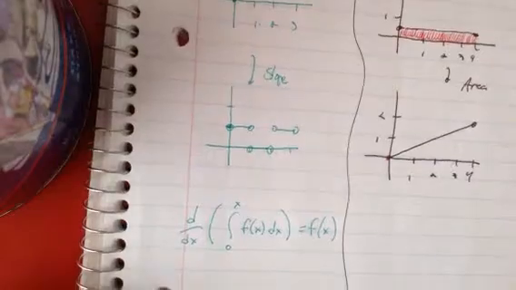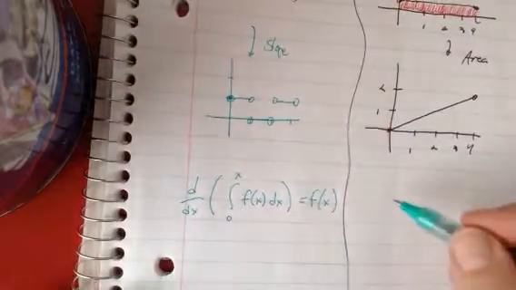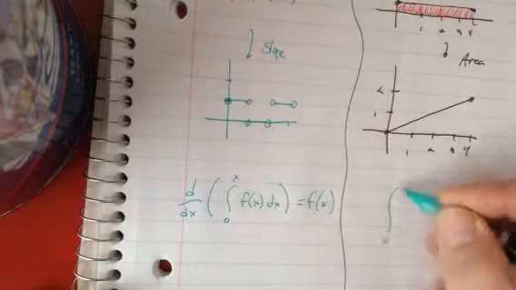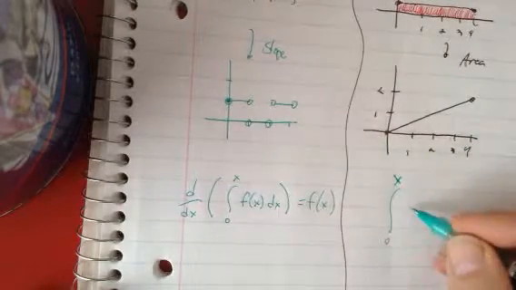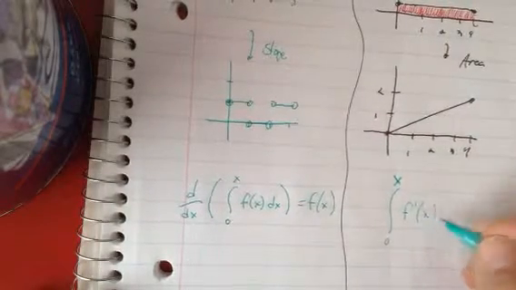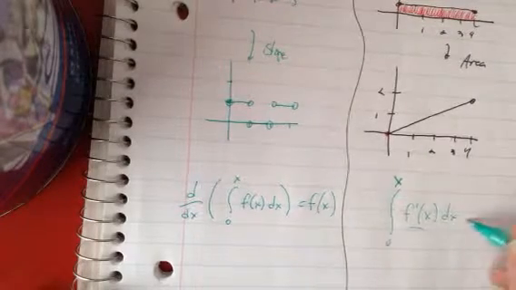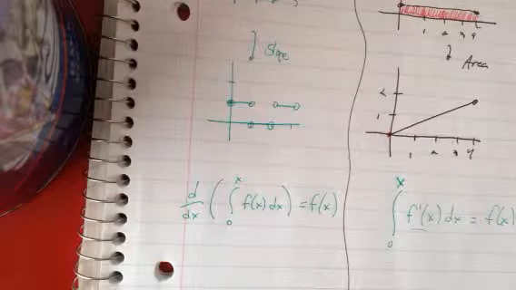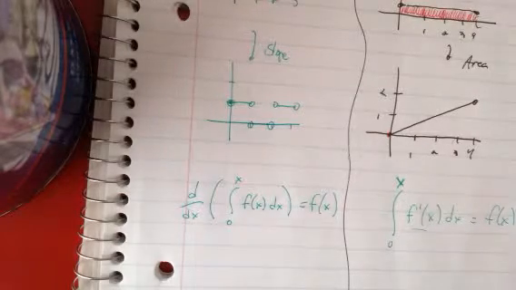Looks pretty cool when you write it out that way, huh? And similarly, the area from 0 to x of the slope, the derivative, is the function we started with. Just two sides of the same coin.